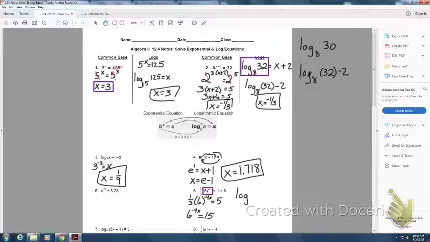So log base 6 of that equals negative 4x. And then how would I solve for x? Just by looking at that, how do I get negative 4 off of x? Divide by negative 4.